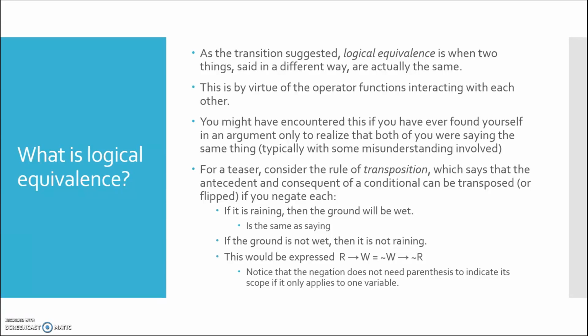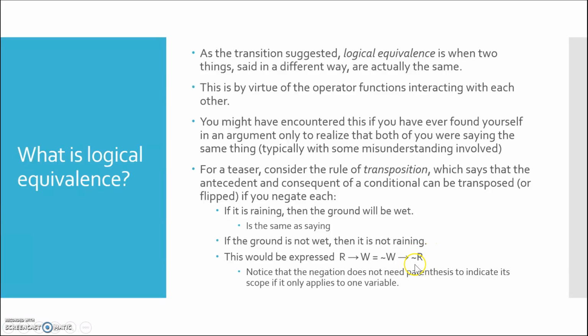It's a form, again, that says, given a conditional, we can do this, and we will have the same truth value. You can see how it's expressed here. If R, then W is equivalent to if not W, then not R. Notice that negation does not need the parentheses around the R to indicate its scope.